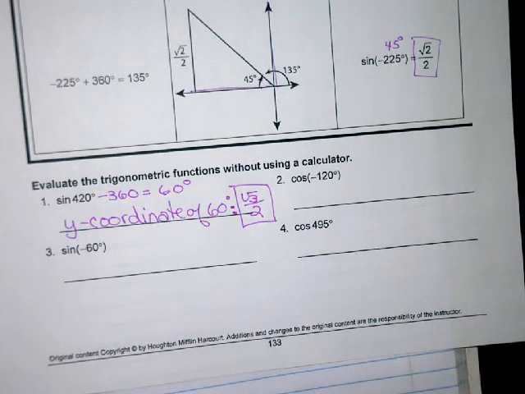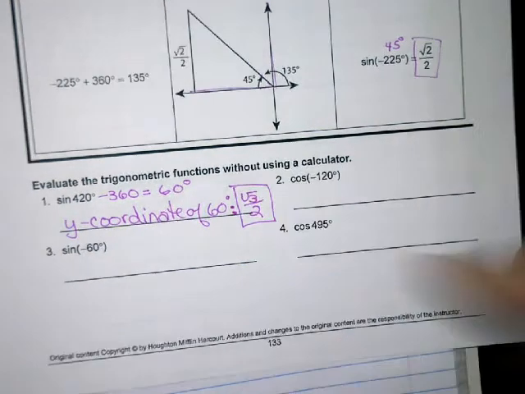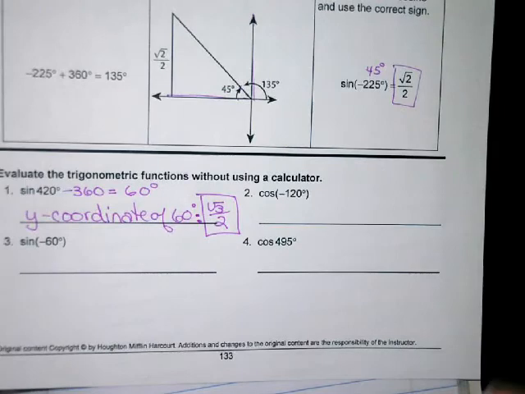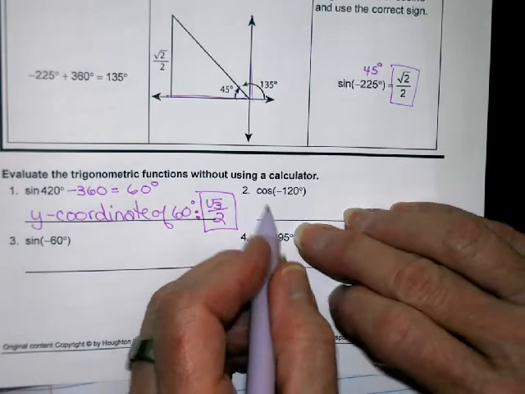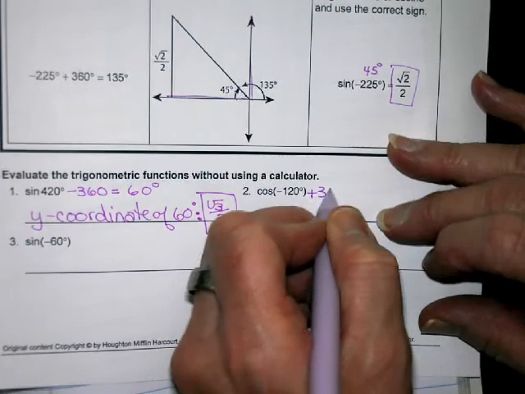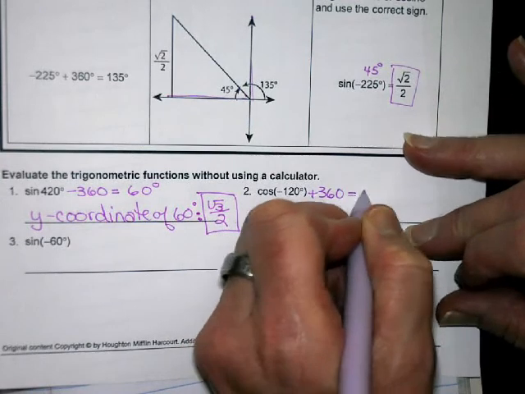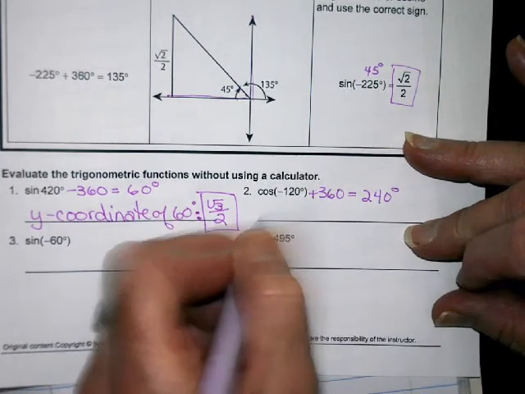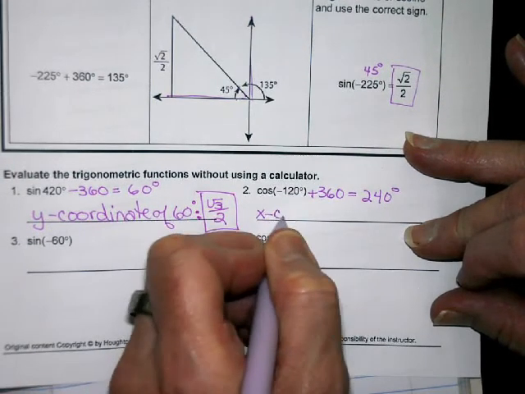Okay. Now, what do I want to know? If I want to know how far away I am from that structure, then I'll use the cosine function. I measure the angle, and then I calculate. I've got to make it positive. That's 240 degrees.